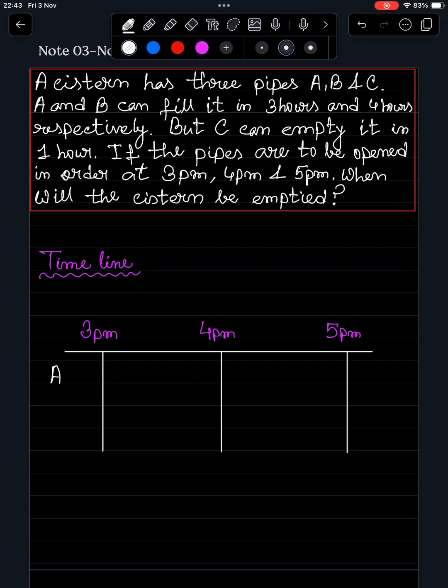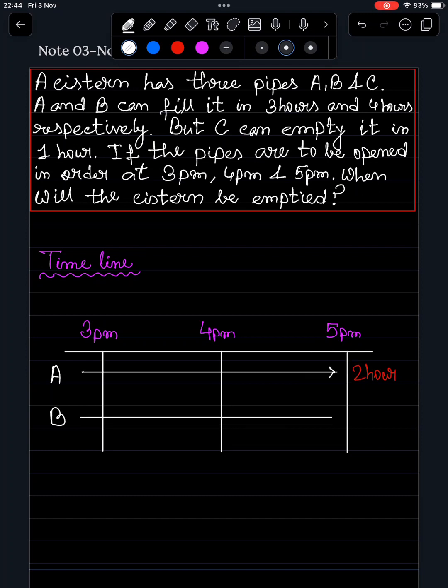So, we can say that till 5 pm, pipe A and B have already worked according to their capacity, and pipe C was not even started till 5 pm, right? So, pipe A has been working for 2 hours, 3 pm to 5 pm, before pipe C was started.